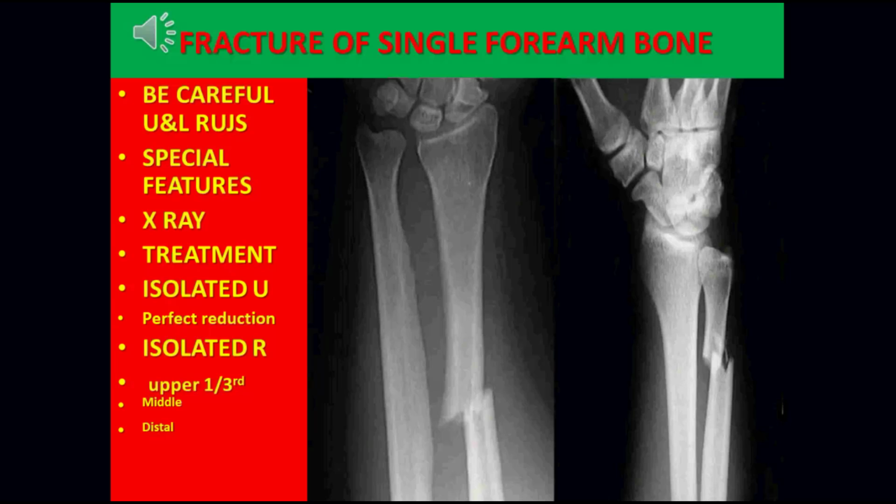Treatment: an isolated fracture of the ulna needs to be reduced perfectly. Slight angulation is unacceptable because it will affect pronation and supination, and it will affect the superior and inferior radio-ulnar joints, especially the distal radio-ulnar joint.